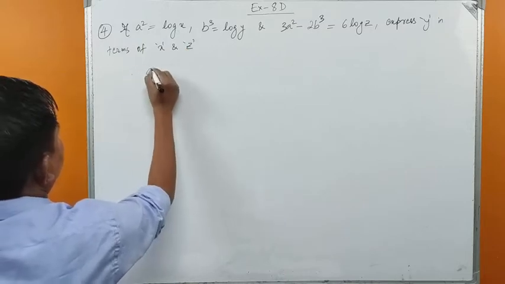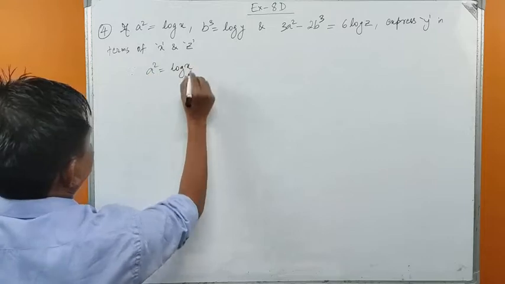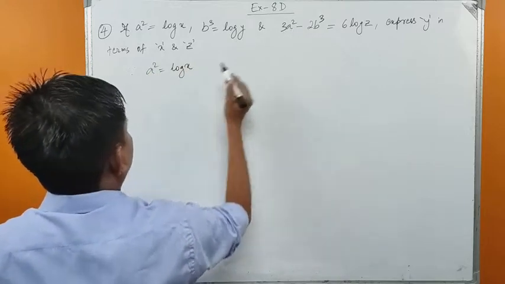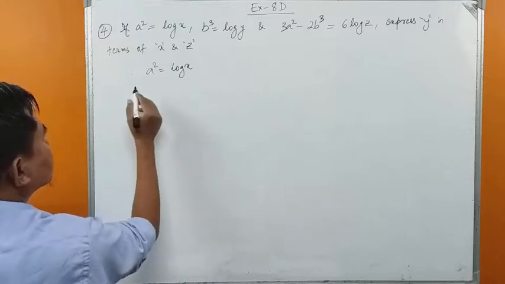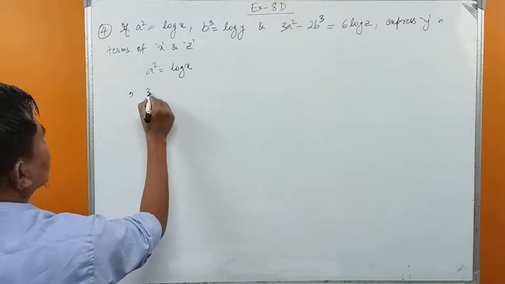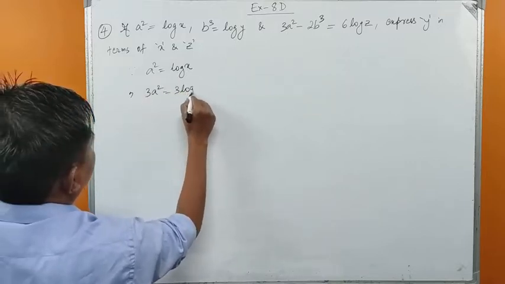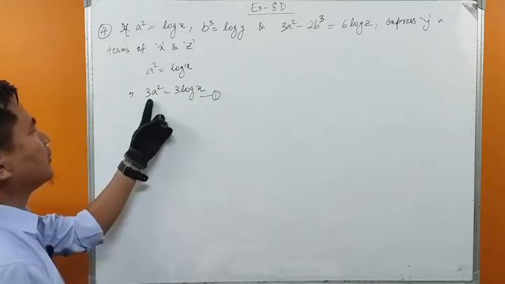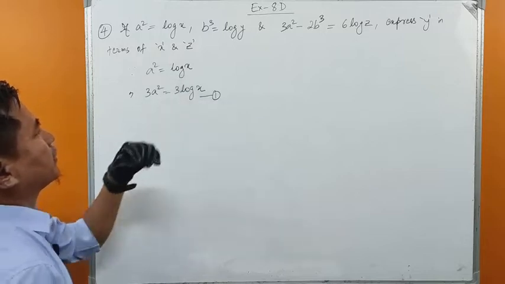Since a squared equals log x, but we need 3a squared, we have only a squared. So let us multiply both sides of this equation by 3, so 3a squared equals 3 log x. This is equation 1.